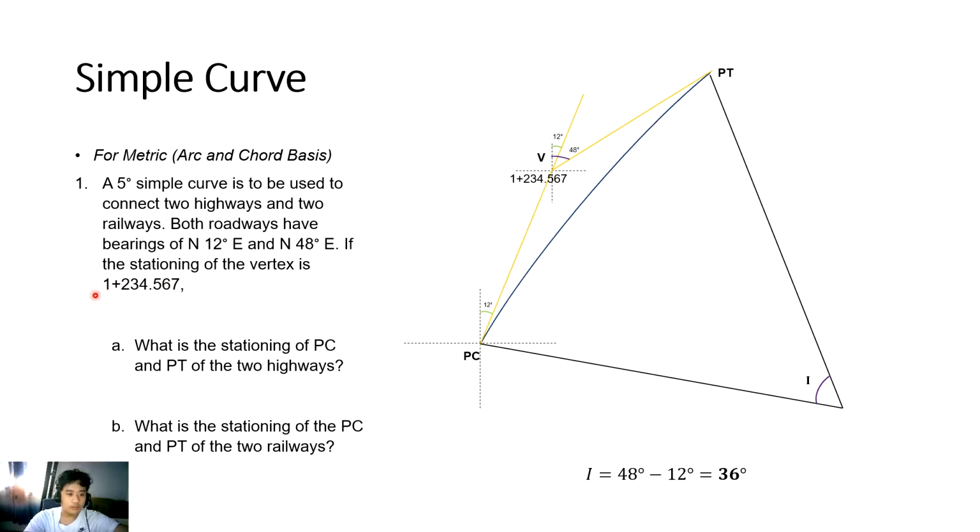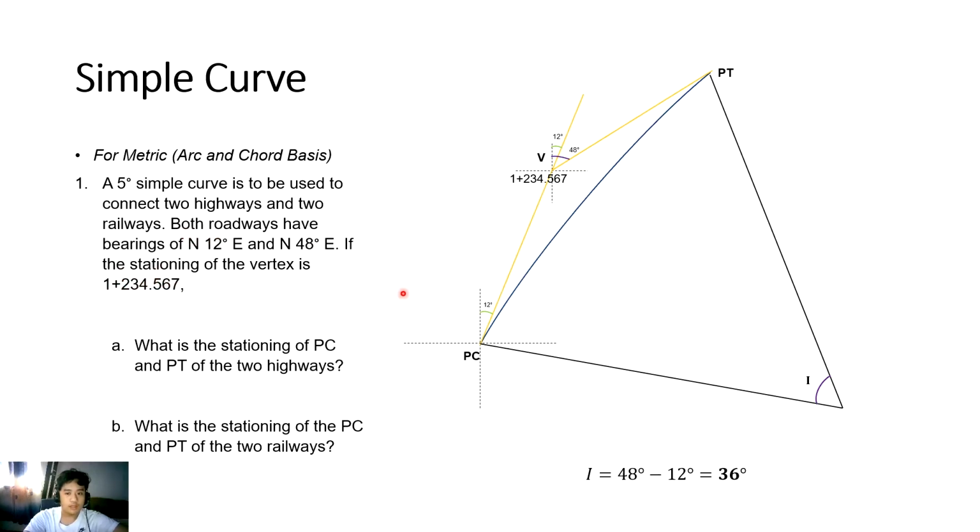Based on this, we can immediately know whether it is English or metric. Since the given is 1 plus 234, take note of that 234. After the plus sign, there are 3 numbers before the decimal. So, automatically, it is metric.